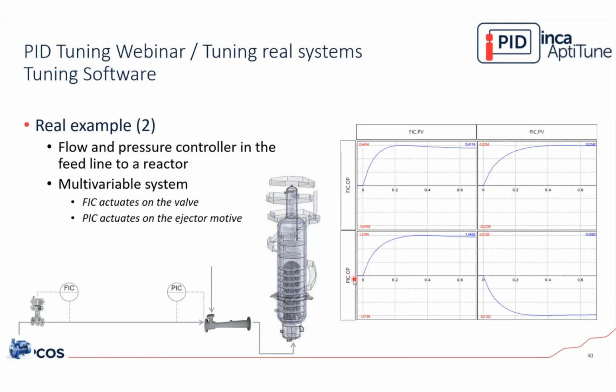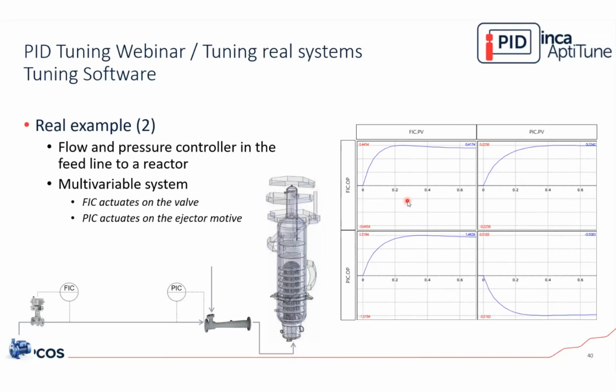And the same if we are changing the motive here on the ejector, we have a response on the flow and also a response on the pressure with a different gain here.